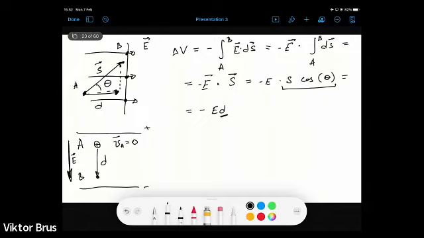Distance is given, and we want to determine how this potential difference between points A and B will result in change of potential and kinetic energy of this electric charge.